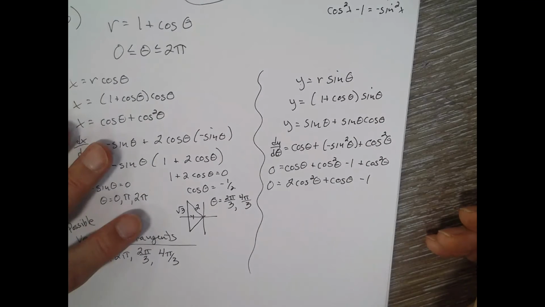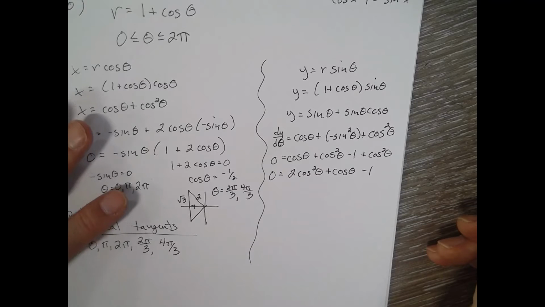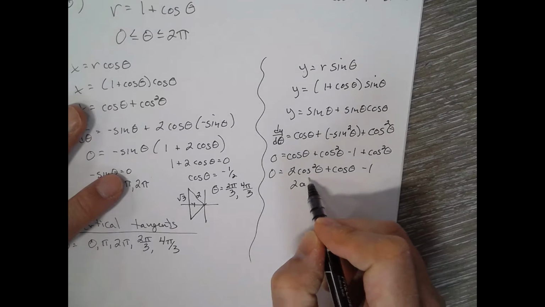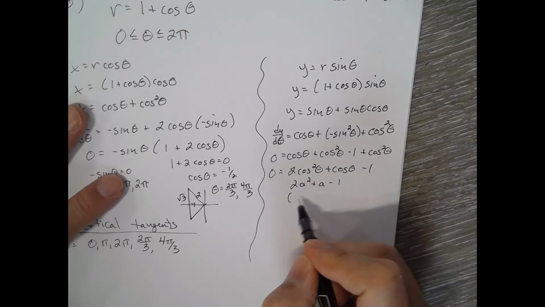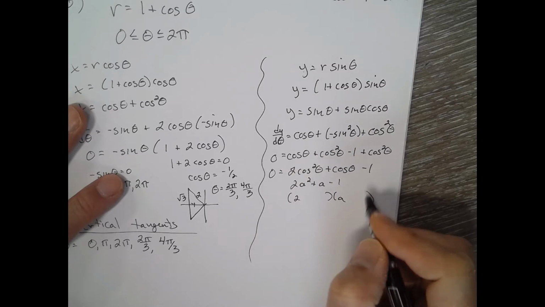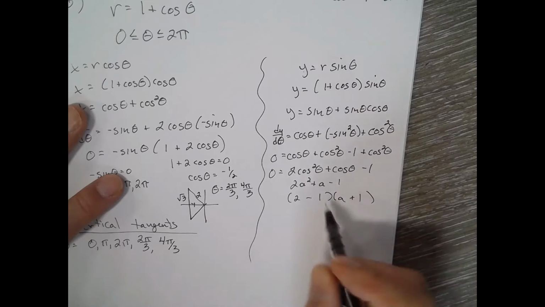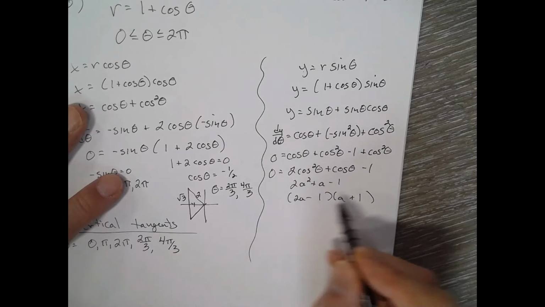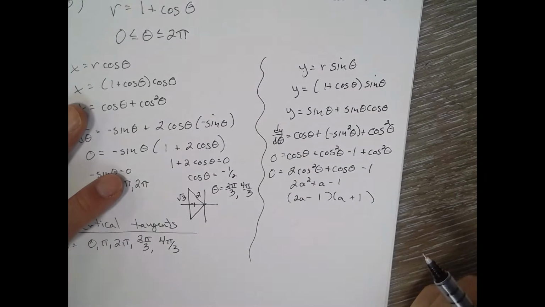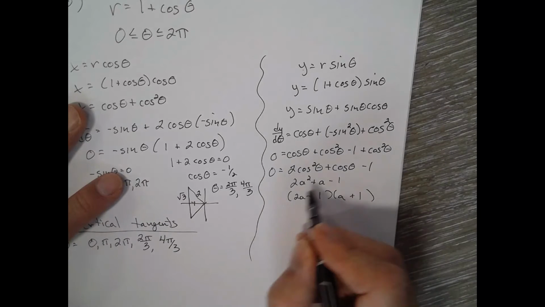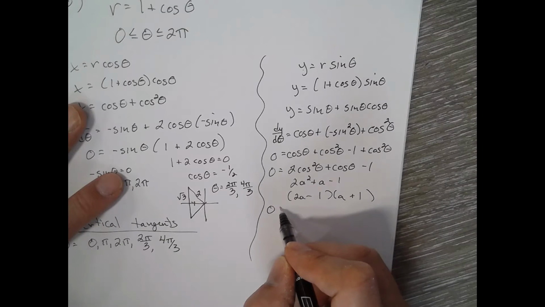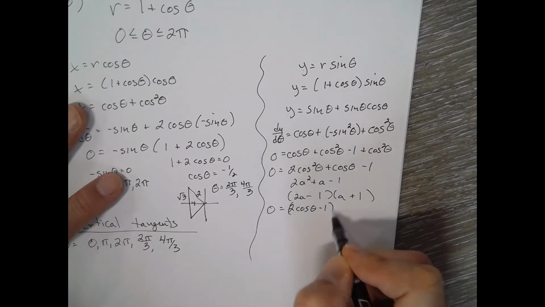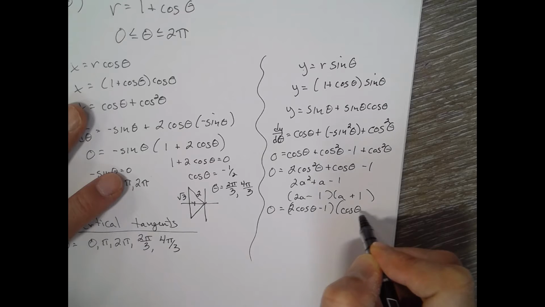And it looks like a quadratic type, a factorable trinomial. If you think of it as 2a squared plus a minus 1, that factors into 2a minus 1 times a plus 1. So in terms of theta, we have 2 cosine theta minus 1 times cosine theta plus 1.